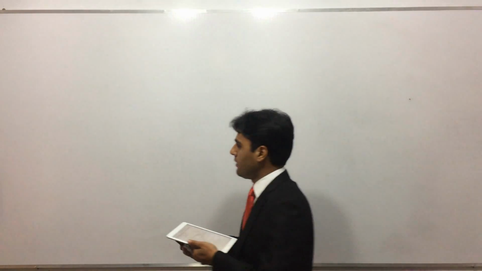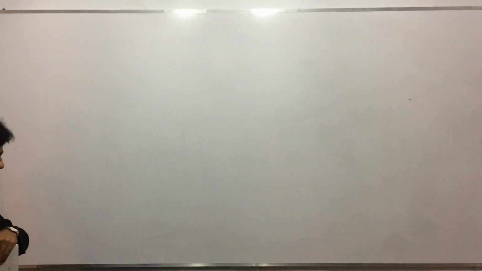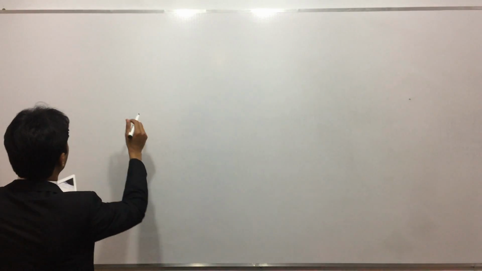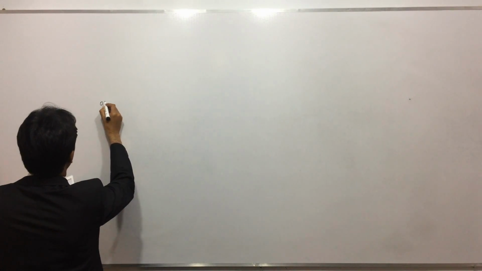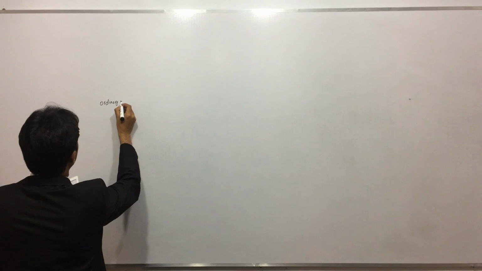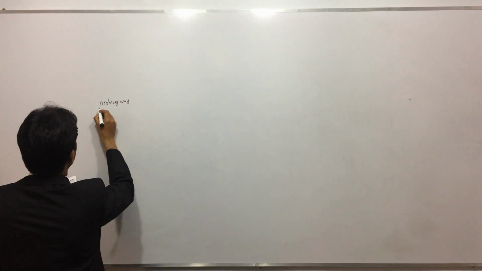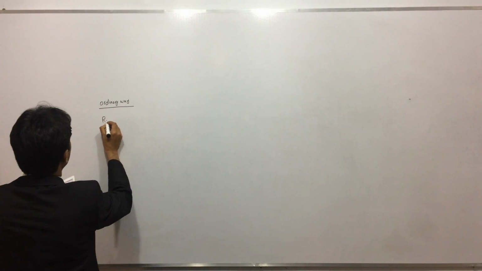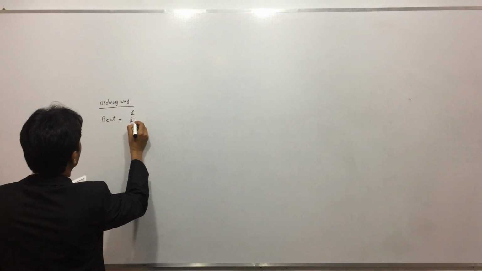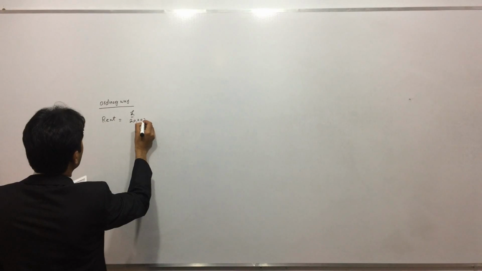First of all, we will do it with the ordinary way. So the first way is the ordinary way. If I write it down just here, that is our ordinary way. The ordinary way to calculate was, we take the rent. So how much is the rent? Rent, it says in the question, is £20,000.